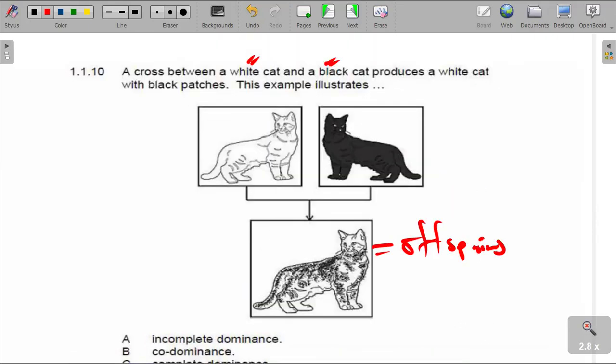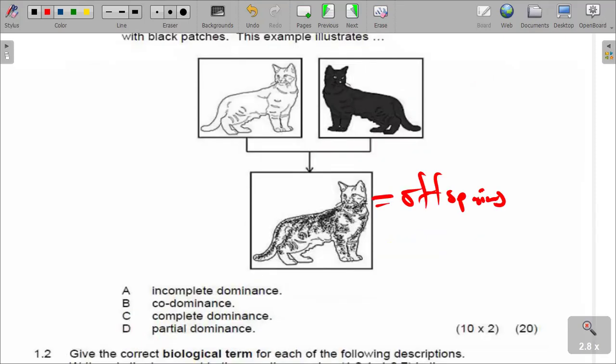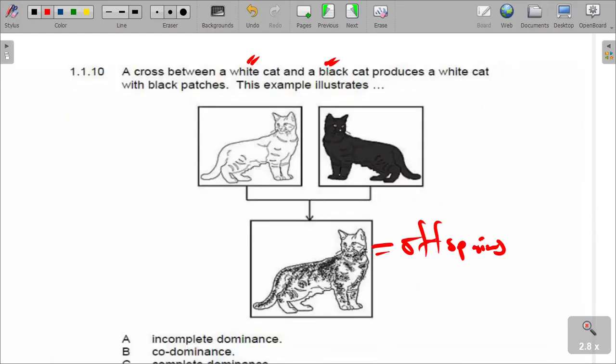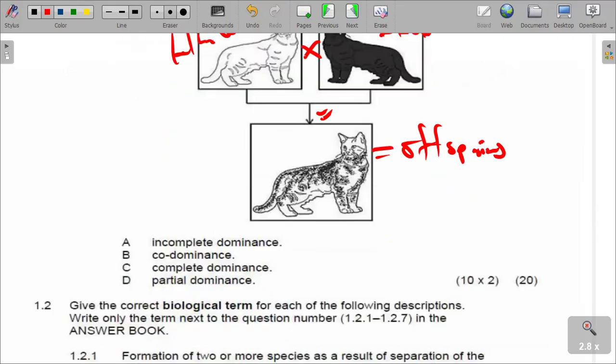So what is this form of expression? When white and black are crossed together, we have a white and black patched cat as the offspring.